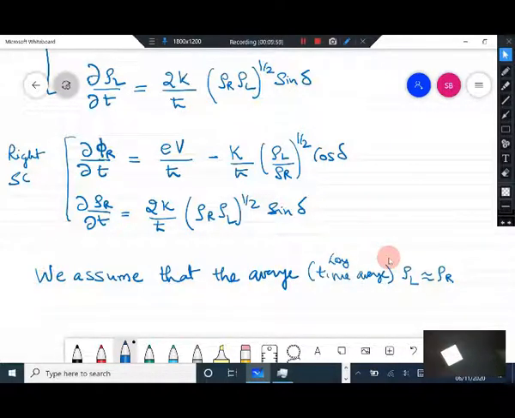They are not continuously drifting as a function of time. They are roughly on the average constant. There is some perturbation around these values, but they are roughly constant.